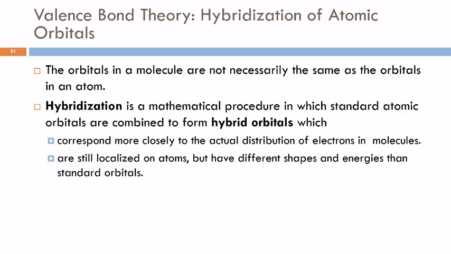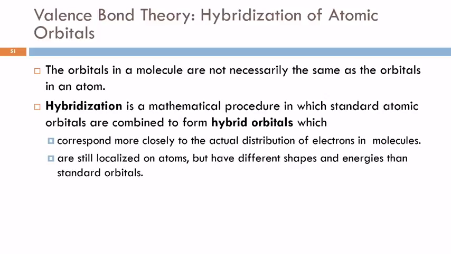Hybridization is a mathematical procedure in which standard atomic orbitals are combined to form hybrid orbitals. So you can think of it a little as averaging. Remember, the orbitals were described by mathematical equations called wave functions. And so you can take those wave functions and combine them to get hybridized orbitals.